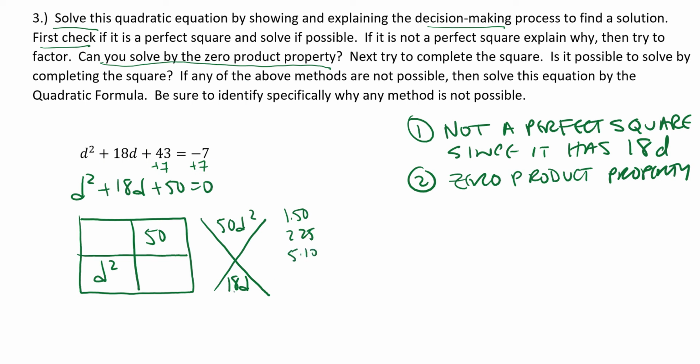So I want combinations of my factors that are going to give me 18. Well, this is 51, this is 27, and this is 15. So clearly we can't factor. So the zero product property will not work since it is not factorable.